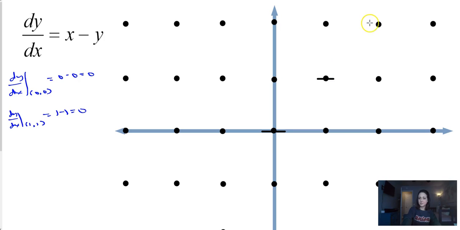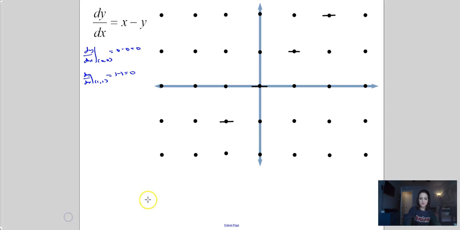And by the way, isn't that what you're going to get at (2, 2) as well? And also at (negative 1, negative 1). Right, anywhere y equals x, you should get a slope of 0. Okay, so slope of 0 is horizontal. By the way, if you got an undefined slope, you can either leave it off or do a vertical line.